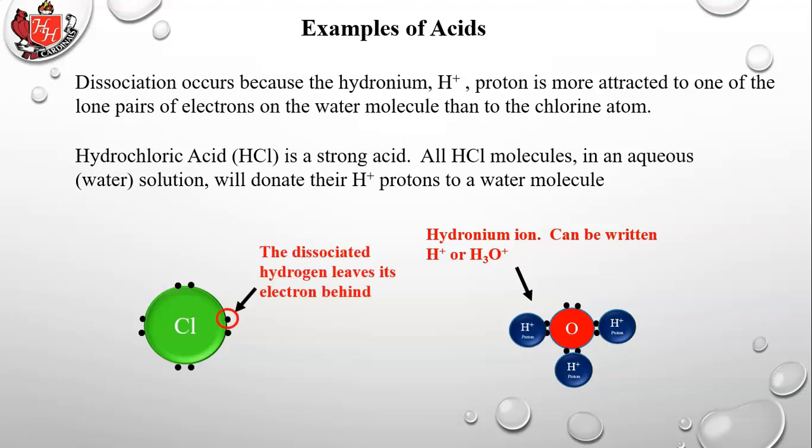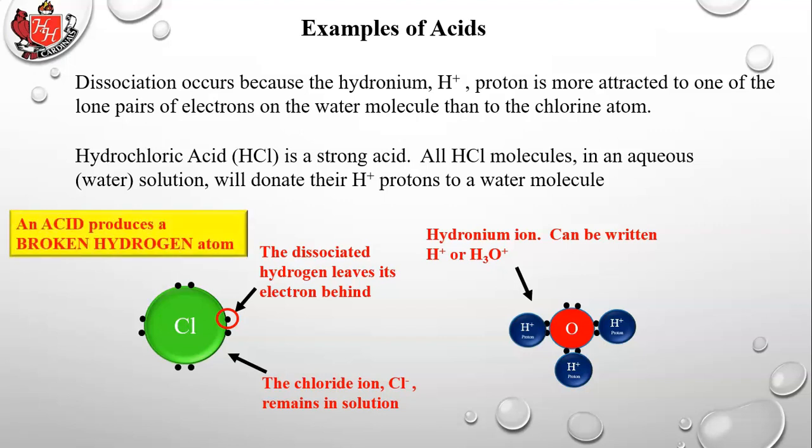Now, the dissociated hydrogen leaves its electron behind. So that gives the chlorine a negative charge, and so it's now called a chloride ion. That's a Cl-, and you know from learning about ionic compounds that chloride forms a 1- charge, and it has a full octet.